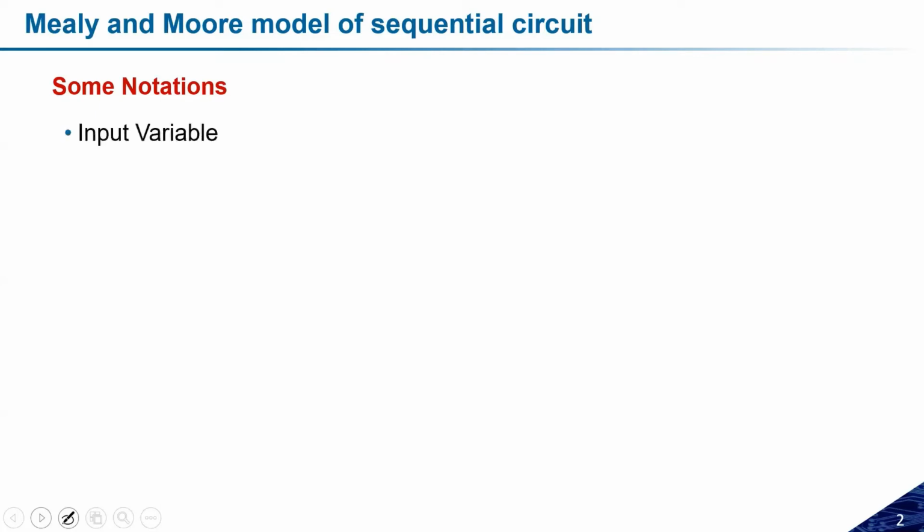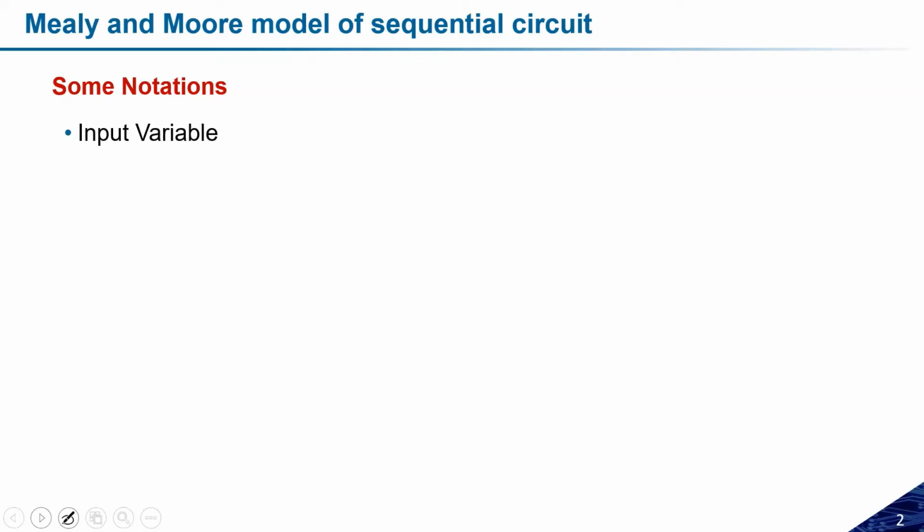The first information that we should know about any sequential circuit model is the input variable. Whatever notations I explain here will be used in the next few lectures, so you should know the meaning of all of these.